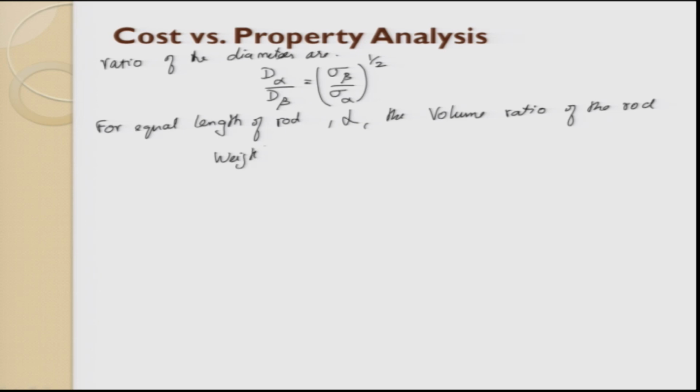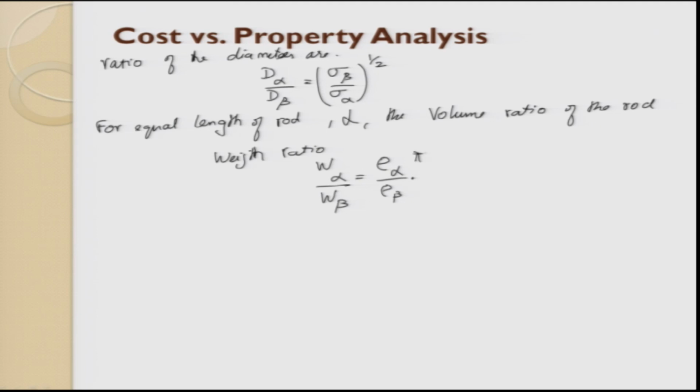What happens to the weight ratio? Weight ratio W alpha by W beta equals rho alpha by rho beta times the volume ratio.